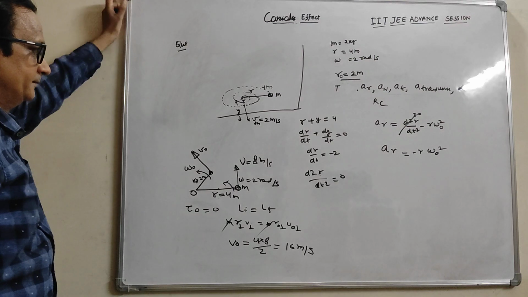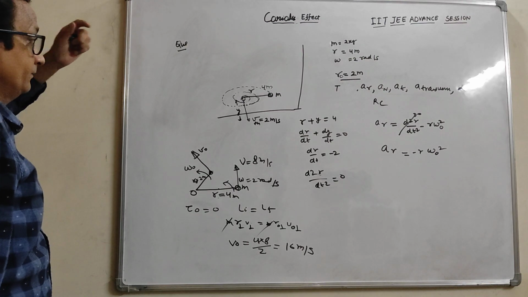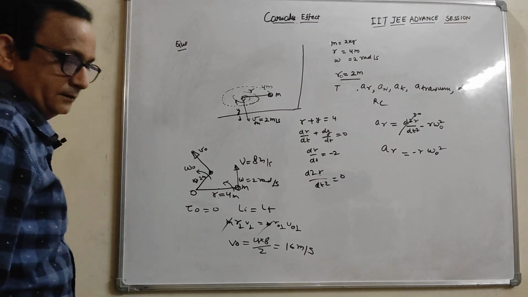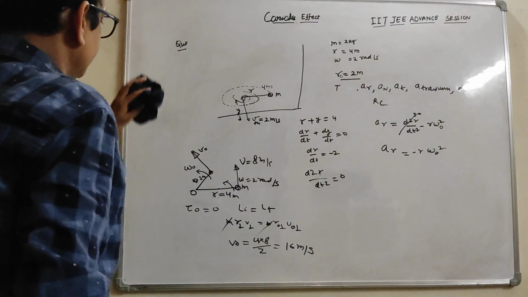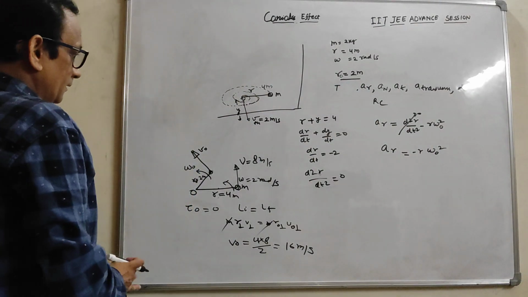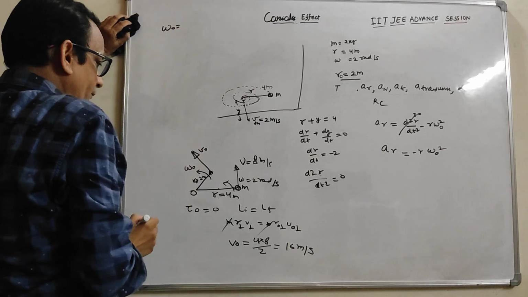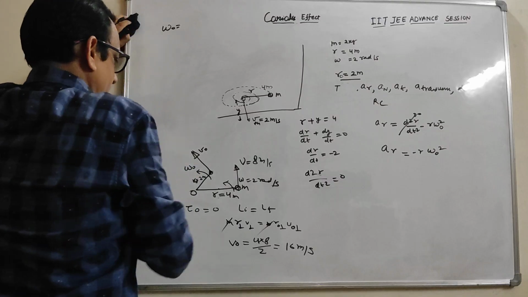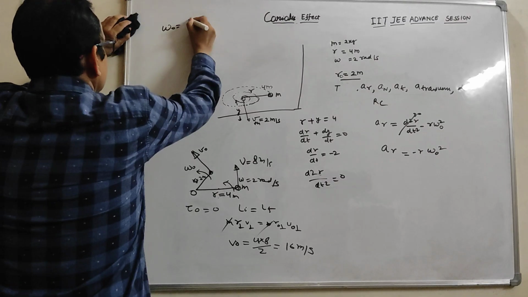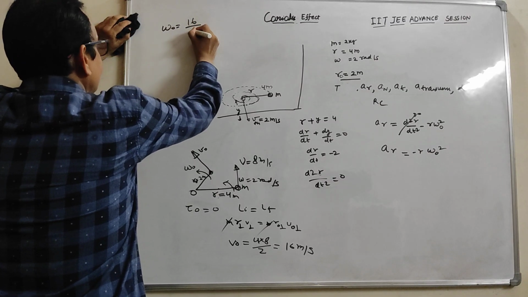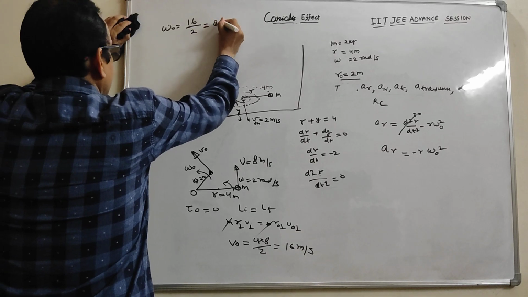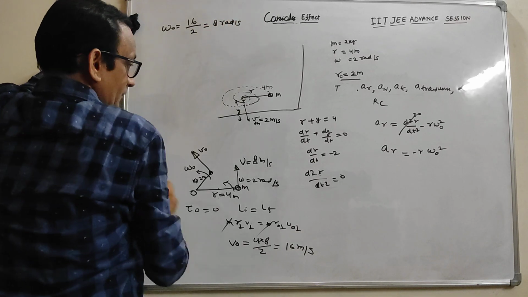This is v naught. So omega naught would be v naught upon r naught, 16 by r naught which is 2, and this becomes 8 radian per second.